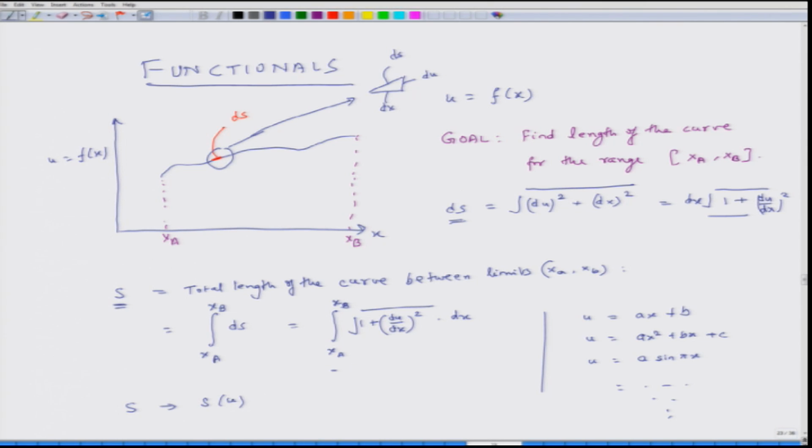These types of integrals are known as functionals. So I will make a general statement.